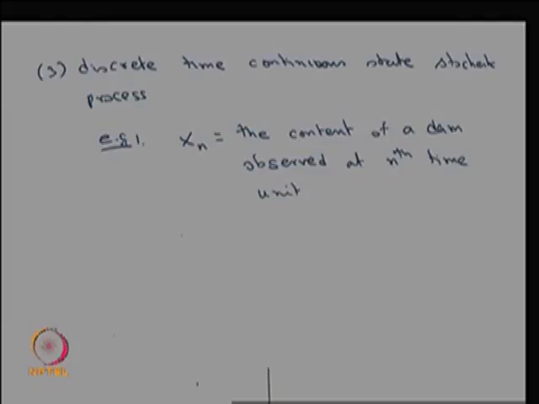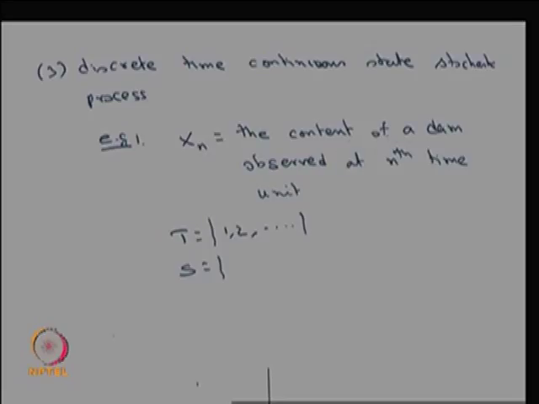Therefore, the capital T is going to be, you are observing only at the time unit. So it could be either 1 hour or daily once or weekly once and so on. Therefore, I can make a one-to-one correspondence with the countably finite or countably infinite numbers. So that will form the parameter space, and the capital S is going to be the possible values of X n for all possible values of n.